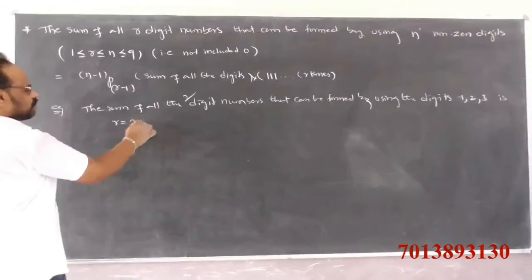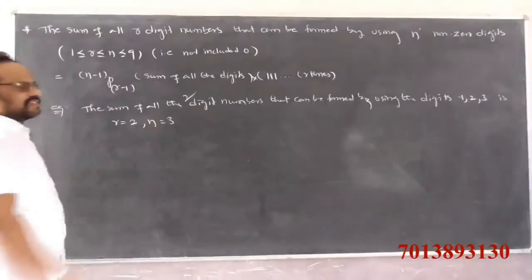Here r is equal to 2 and n, the number of digits, is equal to 3.